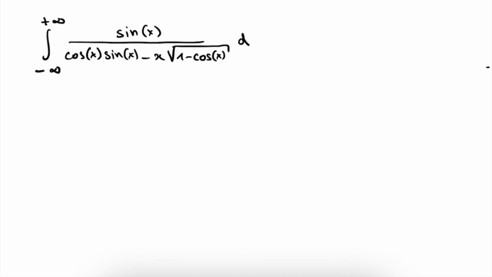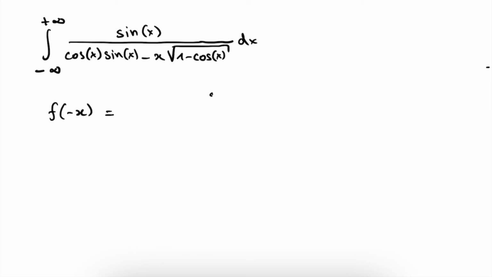And this again is a very complicated and even daunting looking function. And I wouldn't even know where to begin integrating it if I was just to integrate it. However, we see that integrating from minus infinity to plus infinity is also a symmetric interval. So again, it might pay off to look at this function and see whether it is an even or an odd function. So let's fill in f of minus x.